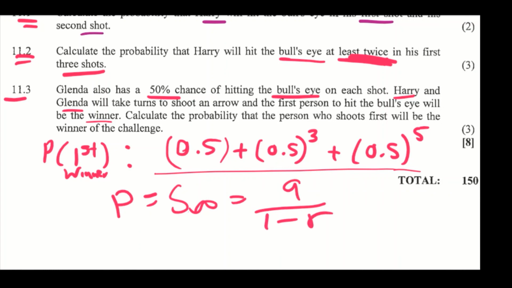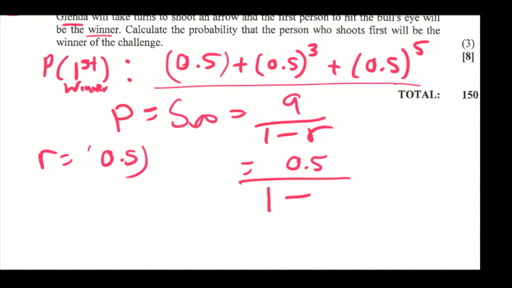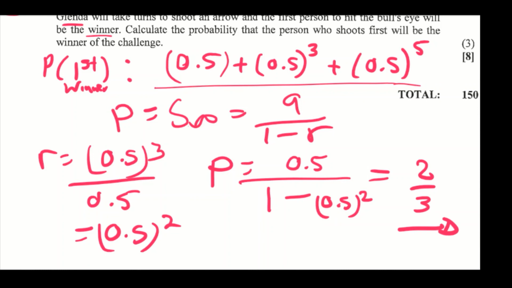Our a value in this case is going to be 0.5, divided by 1 minus r, where r is going to be 0.5 to the power of 3 over 0.5. So it's 0.5 to the power 2, and if you punch it in your calculator, you should get 2 over 3. So that is our answer for this problem.